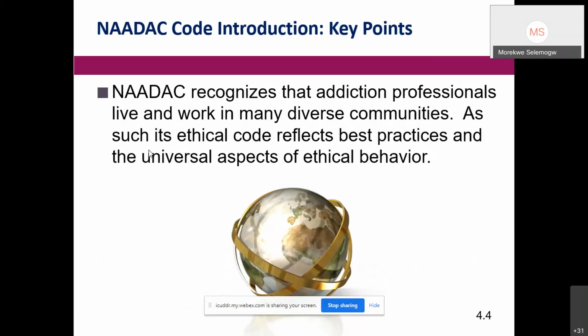There are a few key points with regard to NAADAC ethics code introduction. The first one is that NAADAC recognizes that addiction professionals live and work in many diverse communities. And this statement actually is reflected by our training.